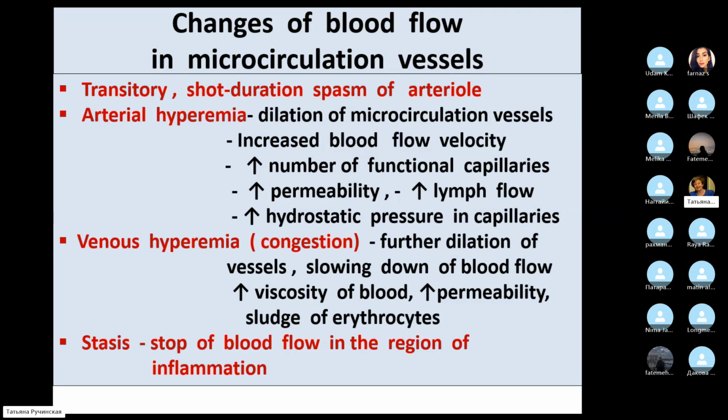And this will lead to further dilation of vessels. This will decrease blood flow velocity. And if that is so, there will be increased viscosity of blood.